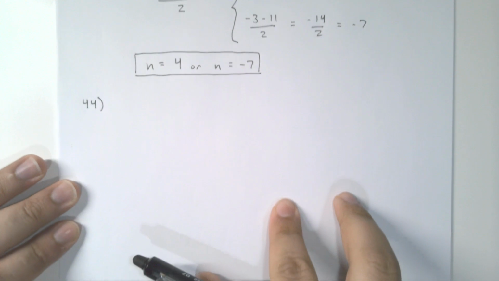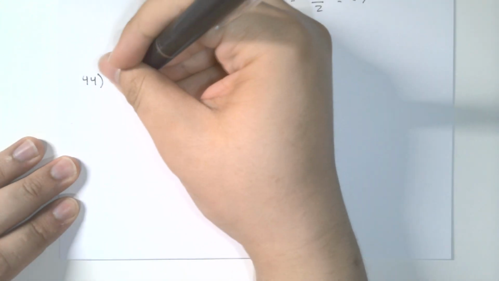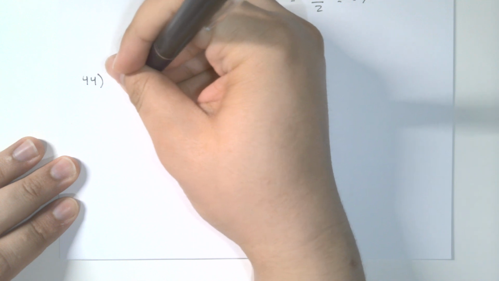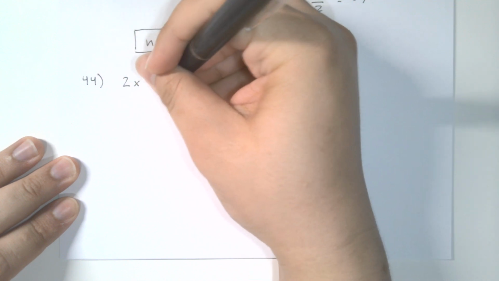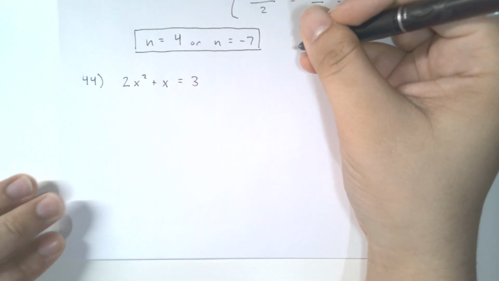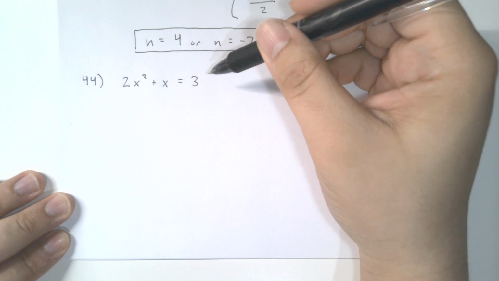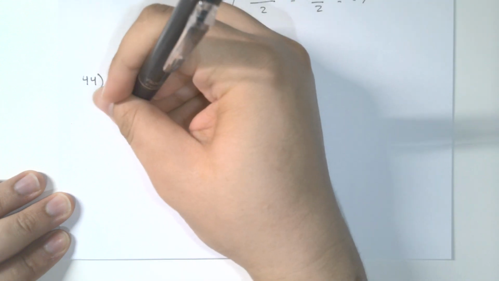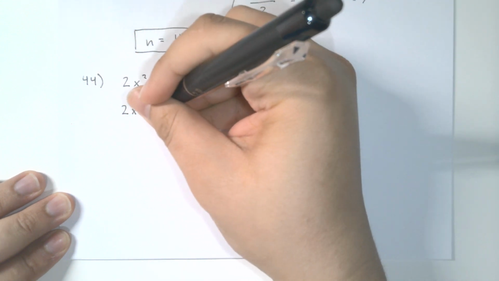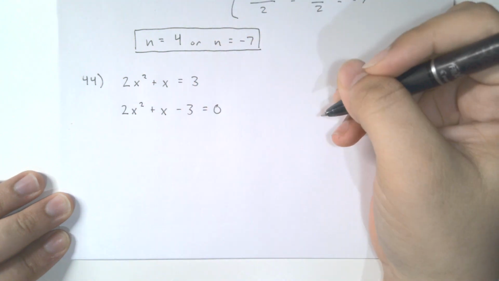Let's look at number 44. For number 44, we have 2x squared plus x is equal to 3. And rewriting this in standard form, we need to subtract 3 from both sides. When we do this, we have 2x squared plus x minus 3 is equal to 0 now.